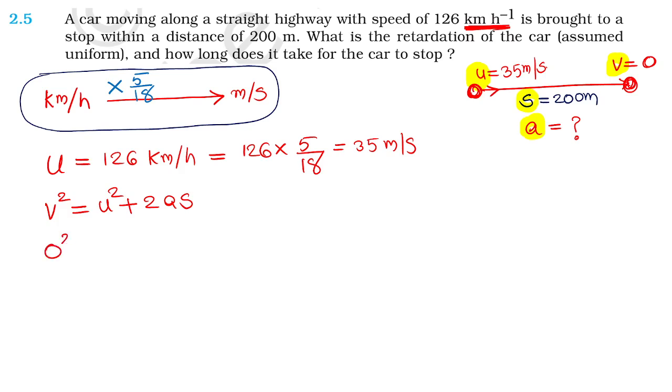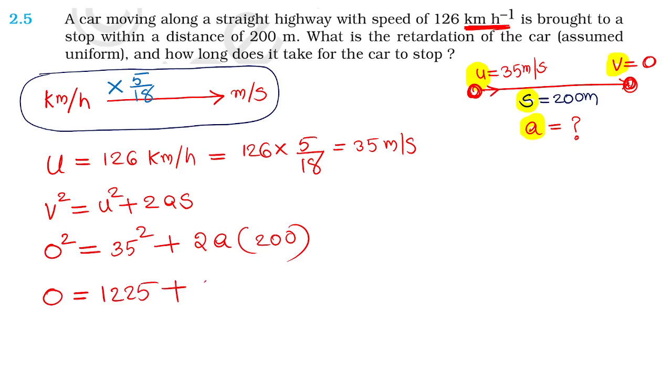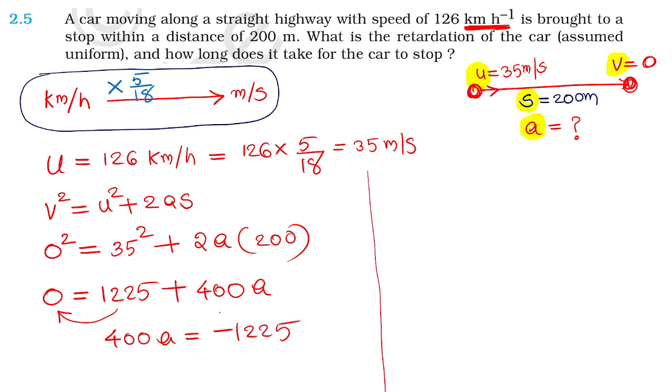v square is 0 square. u square is 35 square. 2 into a into s. s is given as 200. So 0 equal to 35 square is 1225, plus 2a into 200 will be 400a. 1225 taken to left hand side: 400a equal to minus 1225, or a equal to minus 1225 divided by 400.